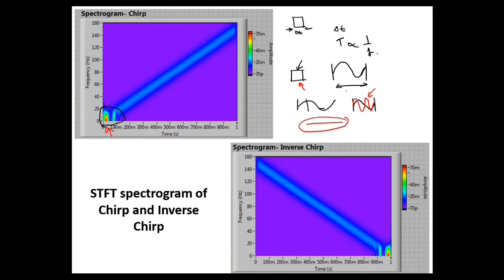Now you would say, okay, sir, for analyzing this low frequency component, let us increase the window. But we have to remember, in short time Fourier transform, you can only select one window length. Now, when you are trying to select a longer window length, what would happen? You would lose the frequency resolution.